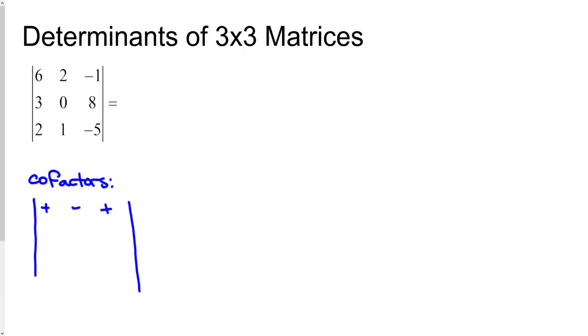So below this positive is a negative. Next to it would be a positive, and so this is our pattern. No matter what size matrix we're using, 3x3, 4x4, 5x5, and so forth, this is what it would look like, just inverting positives and negatives.